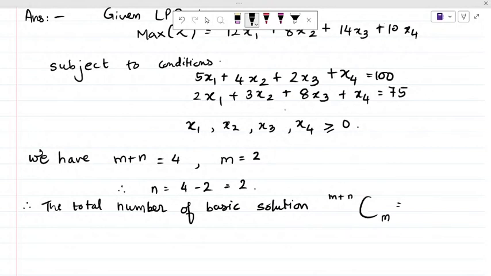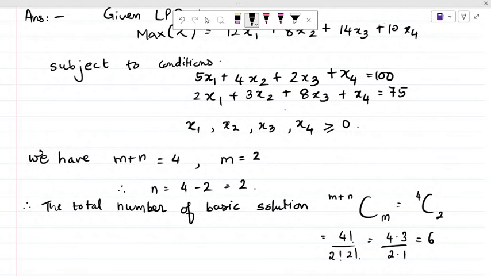We had the formula, so that is 4C2. That is basically 4 factorial over 2 factorial times 2 factorial. That is going to be 4 into 3 over 2 into 1, right? So here we are going to get 6 solutions.